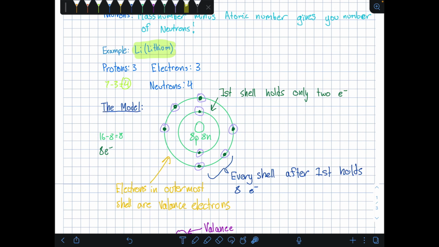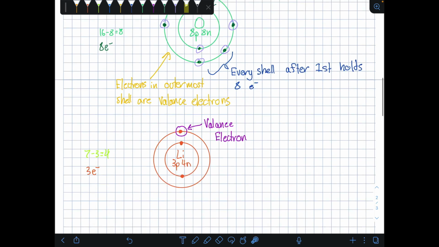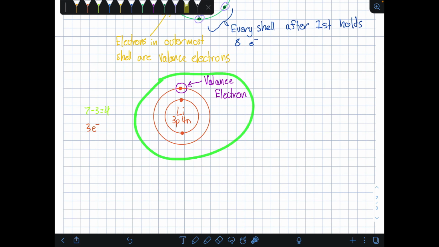Just the very first one fits 2, everything else fits 8. And then, very important, the electrons in your outermost shell are valence electrons. They're your outermost electrons. This is very important, guys. Please know it. Then we also did another example here. You can always replay that part of the video and make sure you know it well.